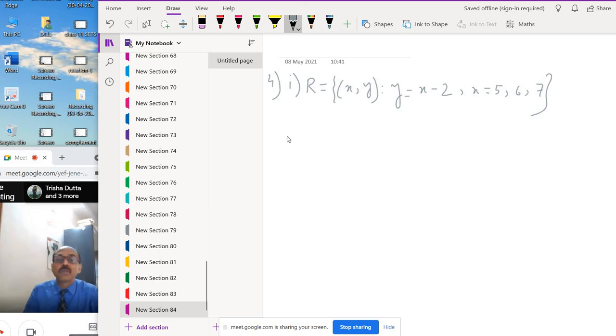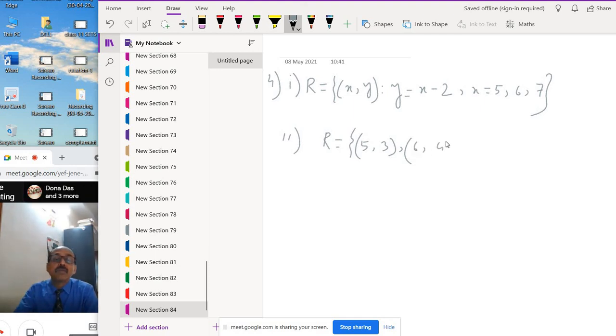Now number 2 is roster form. This is set builder form number 1. So for roster form you have to write R equal to, so x is 5 and y is 3. See the diagram, then easily we can write 5, 3 first one. Then 6, 4.